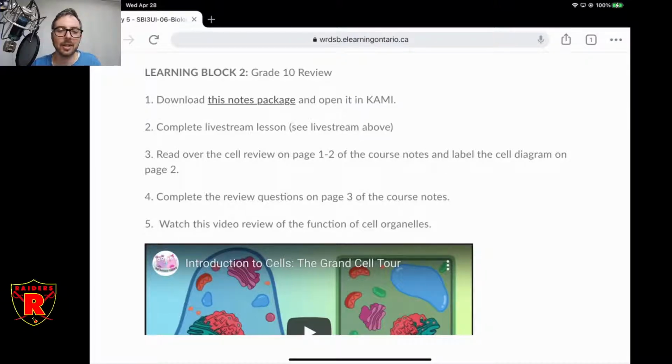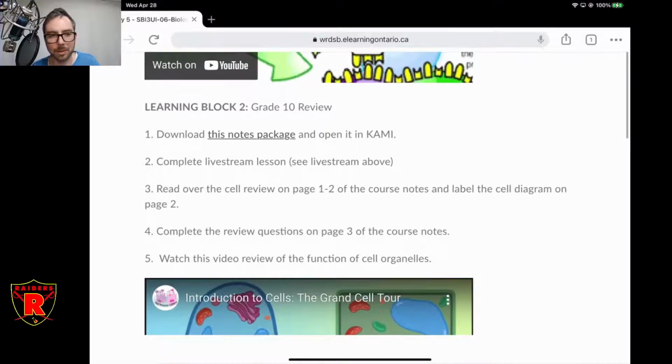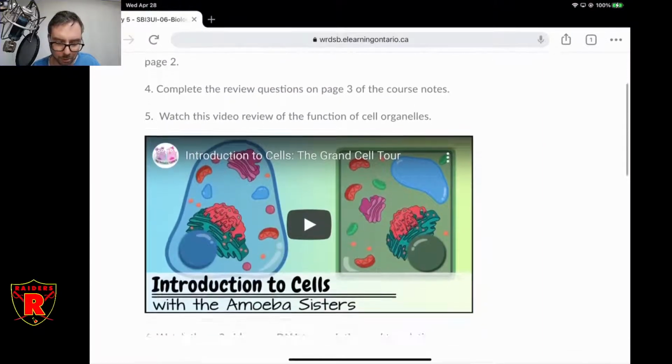And you're going to answer the questions on page 3 of the notes, which again are just questions about the functioning of these. If you're having any trouble with them, again, drop by the Google Meet in Learning Block 3, or you can ask me at the beginning of class tomorrow. I should always have a little question period at the beginning where you can ask questions about the homework.